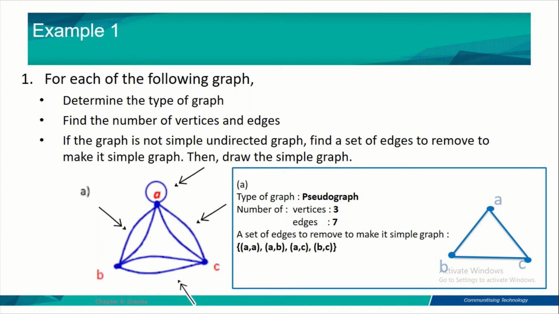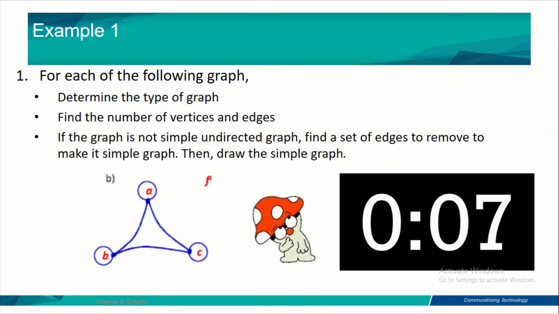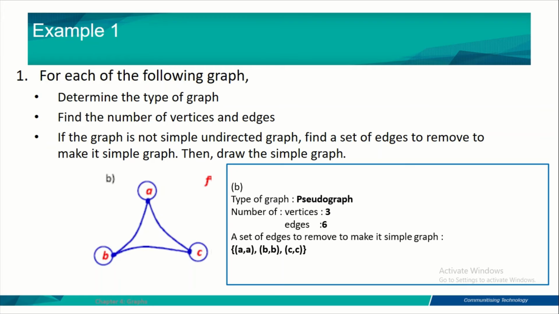So let's see B. You see we have a loop there, no multiple edges. So I give you 10 seconds to determine the type of graph. Time's up. So let's see the answer. The type of graph is also pseudograph, since the description of the pseudograph says it is possible to have multiple edges.